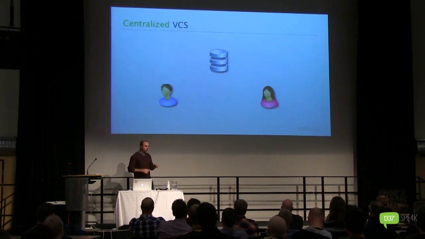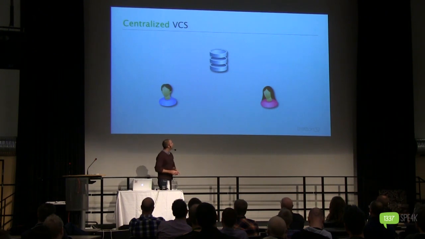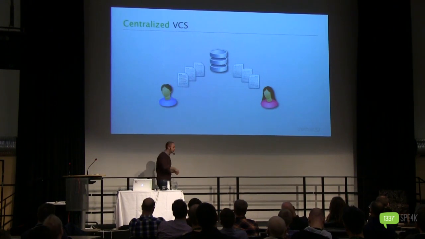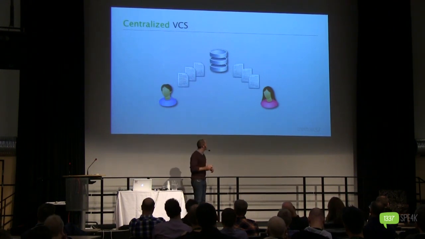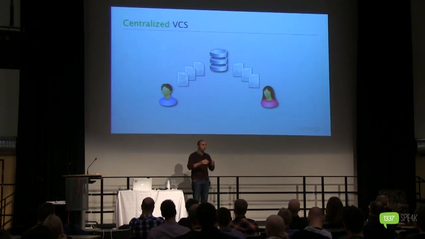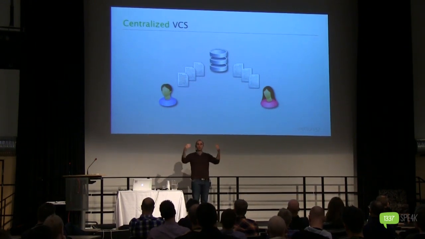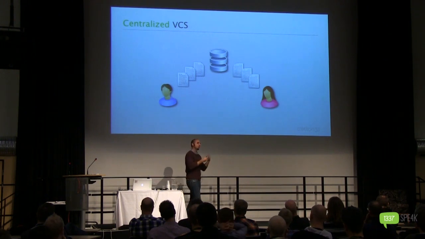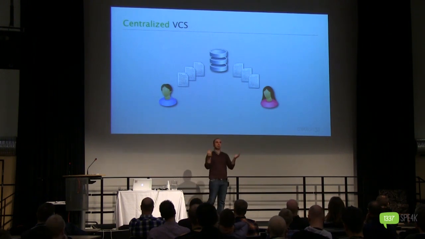So what's a distributed source control system? Pretty quick. A centralized version control system like Subversion, CVS, TFS, and all those, they are all built on the assumption that there is a central server which has all the code, and people send their files and receive their files to it. Now, this works pretty well given the following assumptions: that everyone has a stable connection to that server, and that the work is being done pretty much at the same time, at the same place.